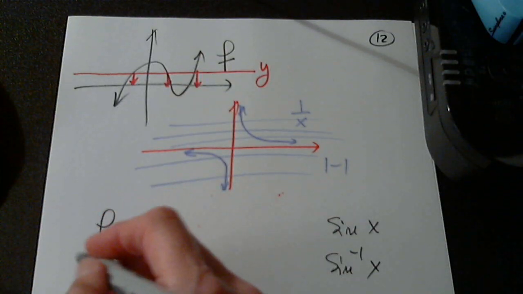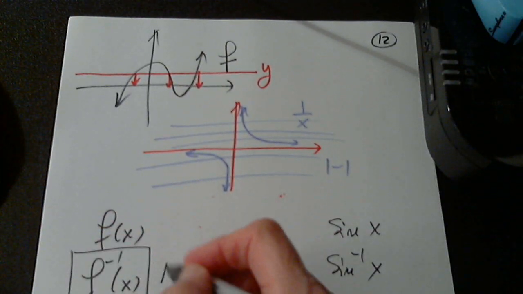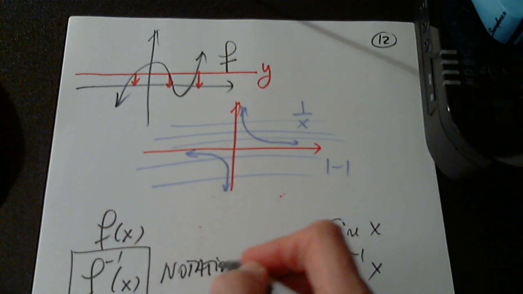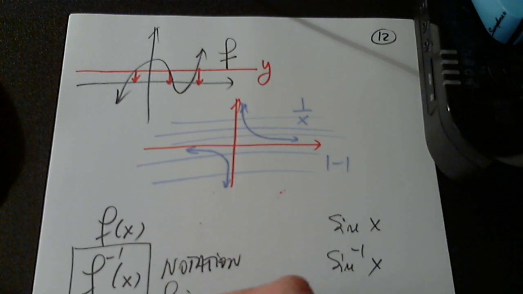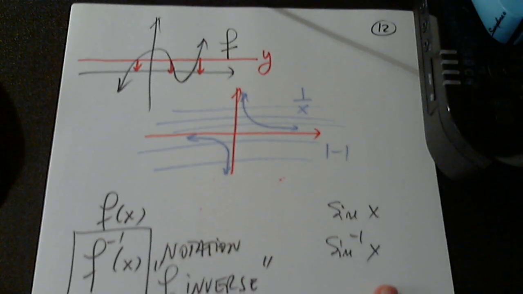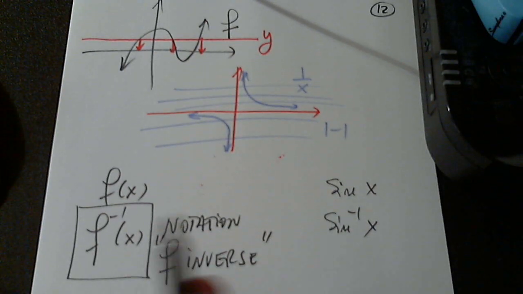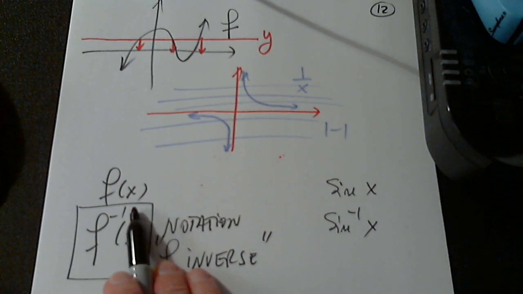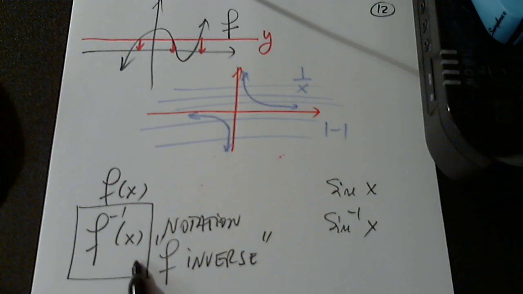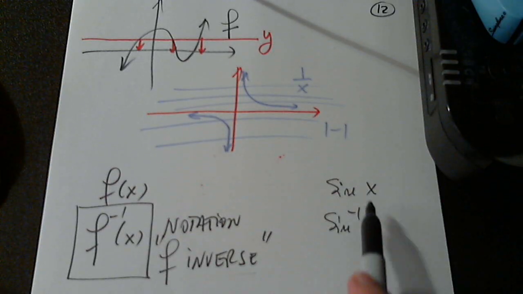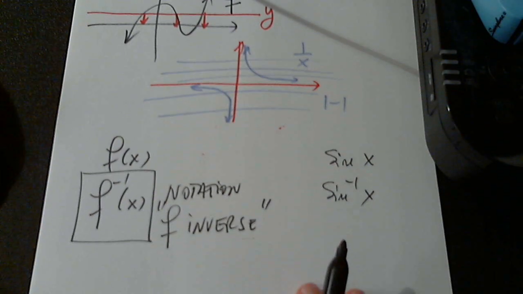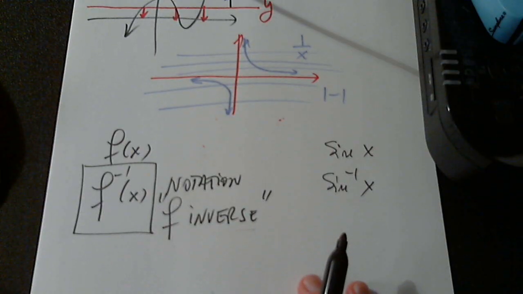So here's the notation. f inverse. That's how we read it. f inverse, not f raised to -1 of x. This is f inverse. Like this is the inverse of this function. f inverse.